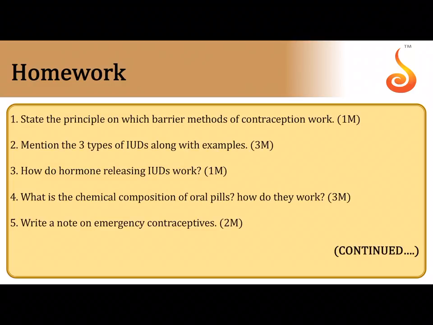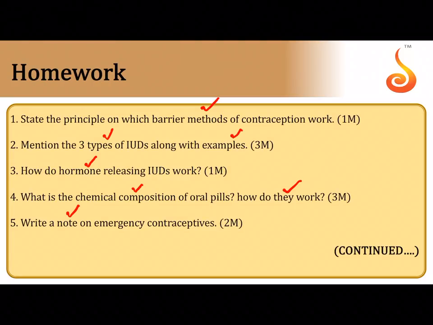With that, we shall now look into the homework. State the principle of barrier methods. Three types of IUD along with examples for 3 marks. What is the working principle of hormone releasing IUD for 1 mark? What is the chemical composition of oral pill and what is the mechanism of action of oral pill? 3 marks.